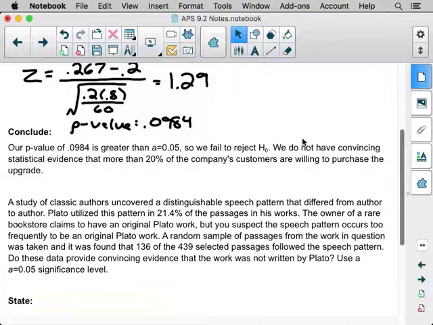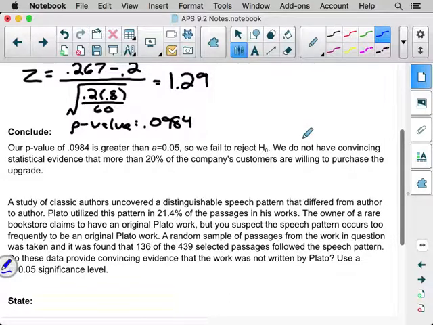So when you fail to reject, the only difference in this is now you insert by saying you don't have evidence. And then you just copy everything that was in the prompt. Okay?